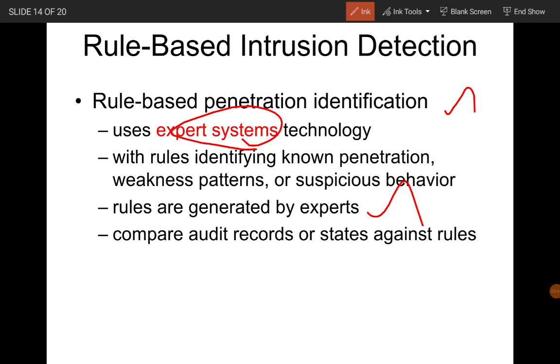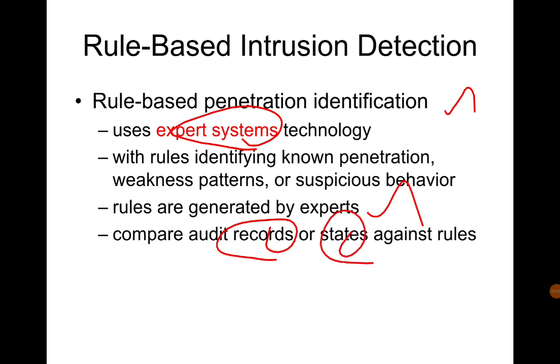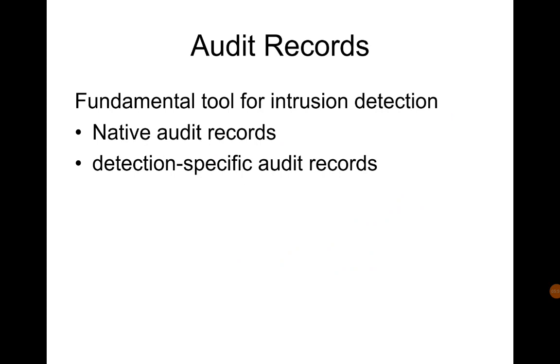Then the audit record content or the states are compared against the rules to detect the intruders. What is an audit record? It is a fundamental tool which is used for intrusion detection. We have two types of audit record: native audit record and detection-specific audit record.